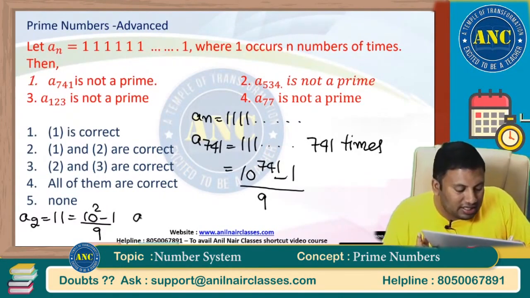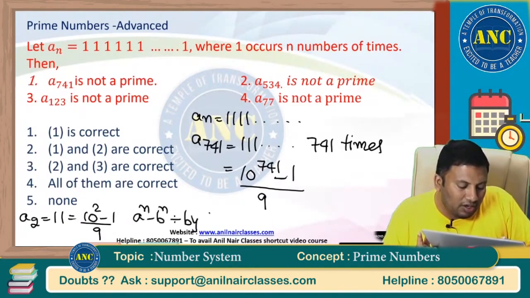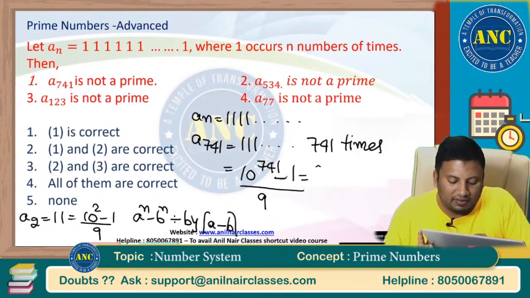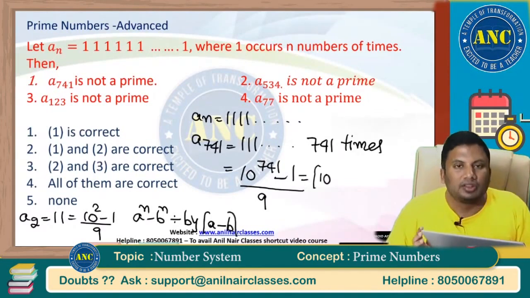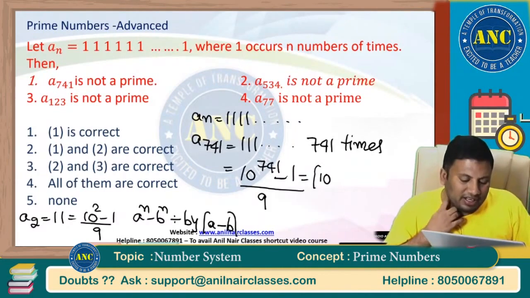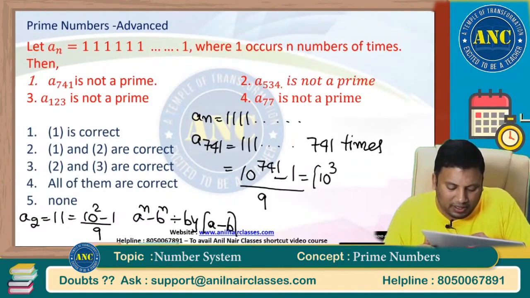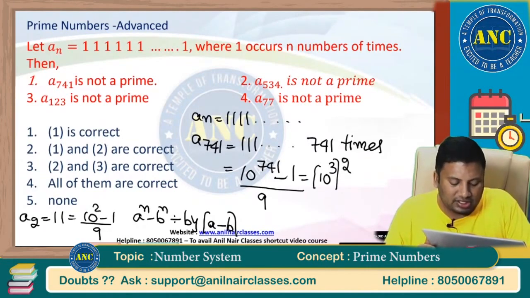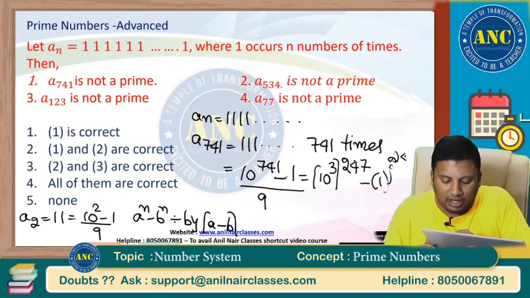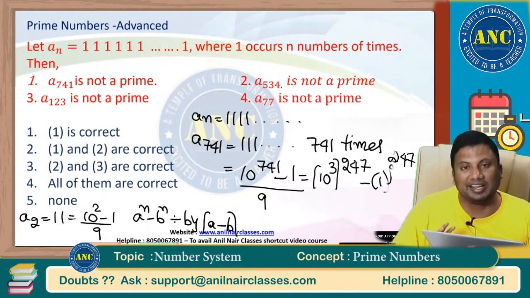What did we discuss? A power n minus b power n is always divisible by a minus b. Just to explain the concept, take 10 cube power 3 2s are 6, 14, 3 4s are 247, so 10 cube power 247 minus 1. I'll tell you why I am writing like this.